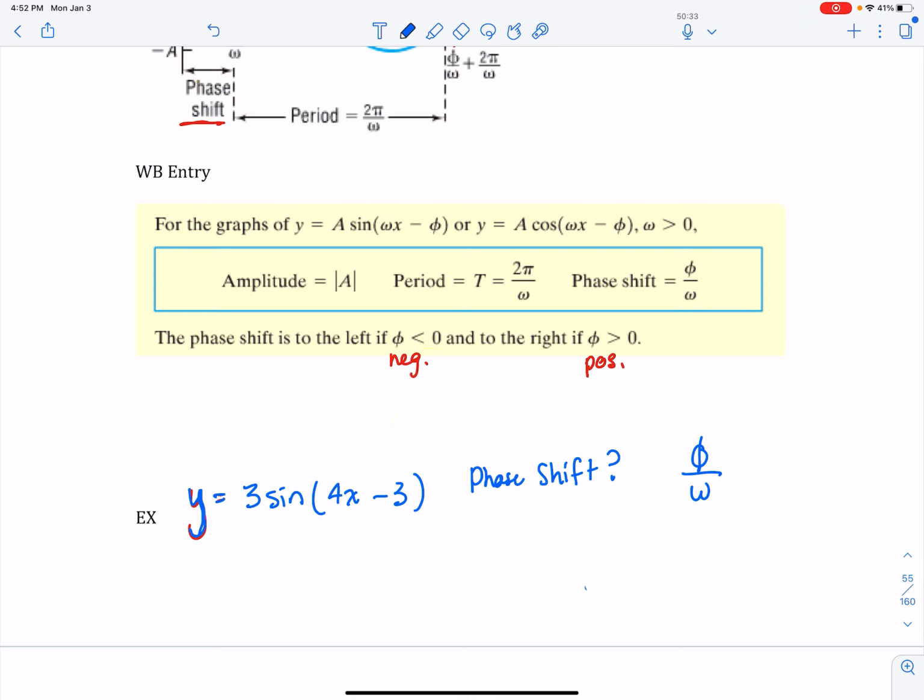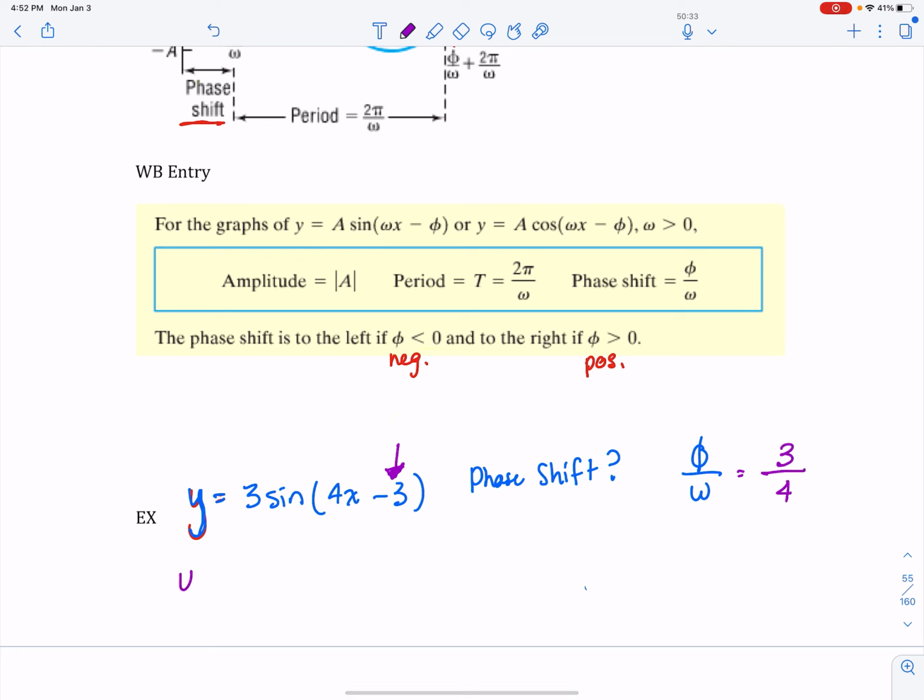So phi is this value here. So remember, the standard form has a negative here, and we have a negative here, so phi is actually a positive 3. And omega is the value in front of x, which is 4. So my phase shift is going to be 3/4.